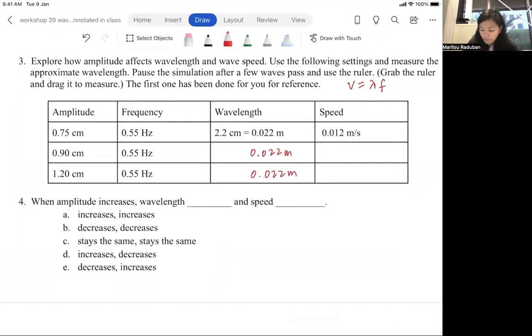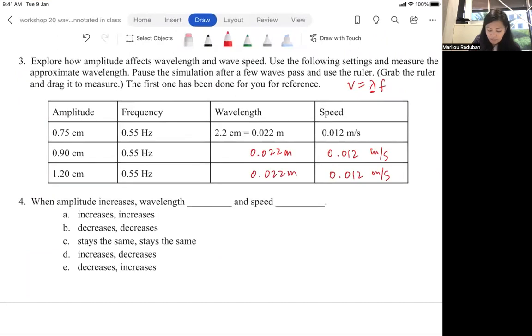And because the wavelength did not change and speed is related to the wavelength, you'll find that the speed should also be the same. So again, I leave it to you to do the simulation yourself and check that the wavelength indeed did not change.